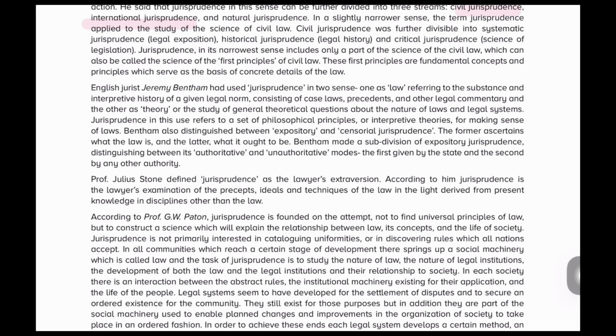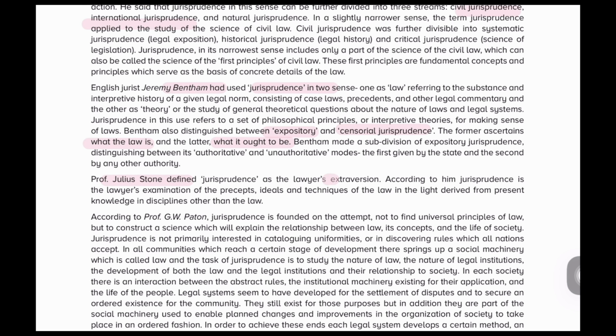And Bentham divided jurisprudence into two types: expository jurisprudence, which studies what the law is, and censorial jurisprudence, which studies what the law ought to be. Julius Stone called jurisprudence the lawyer's examination of law in light of knowledge from other fields.